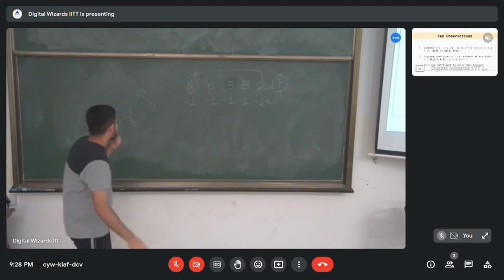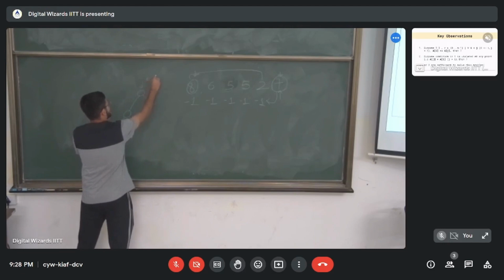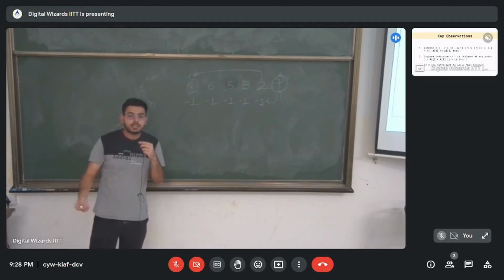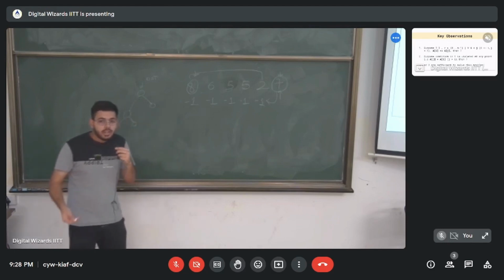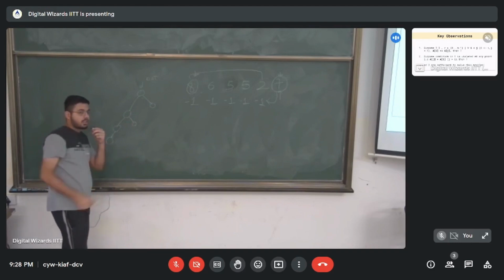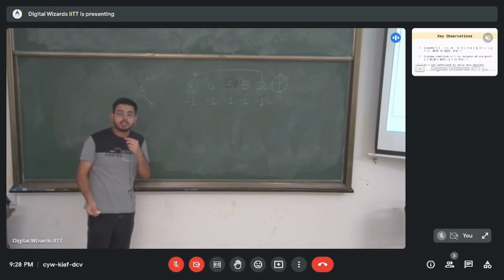So let's say this is an AVL tree. What you do in AVL is you perform rotations to balance the tree, right?